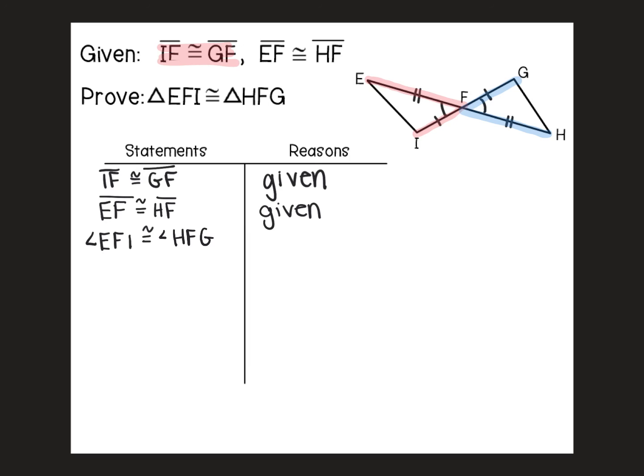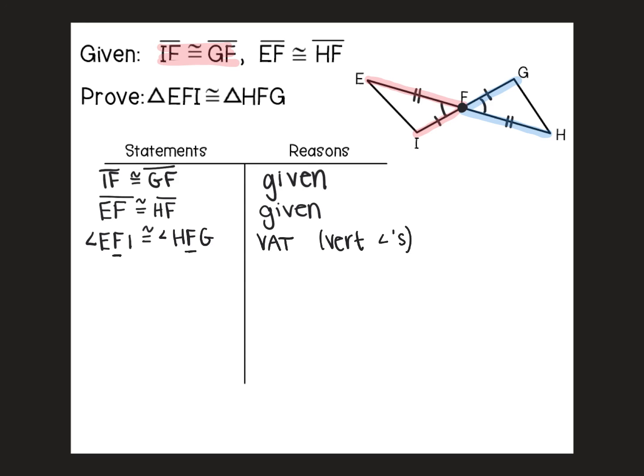You'll know if you're doing this right because since F is the vertex of both angles, F should be that middle letter. And then this is called formally the vertical angle theorem. So I like to abbreviate it like this, but you're welcome to just write vertical angles, just as long as I know what it is.